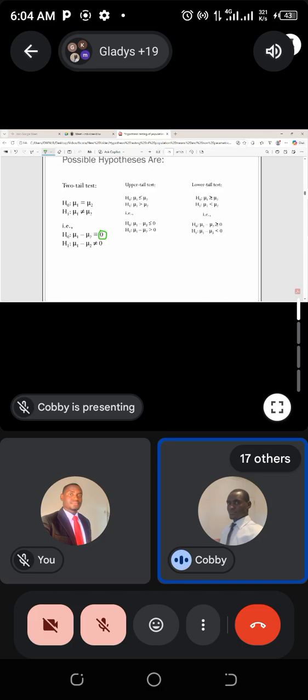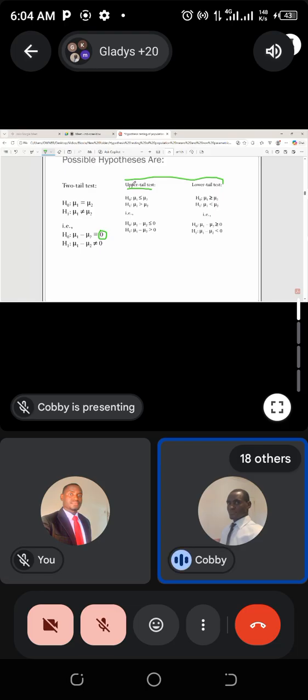Actually, these two are one tail tests. You can be interested to know if one population mean is greater than the other population mean. So that is upper. You want to know if those individuals with Down syndrome have uric acid greater than the normal individuals.